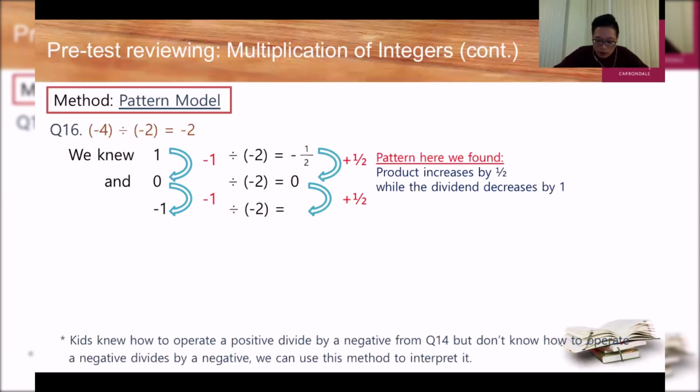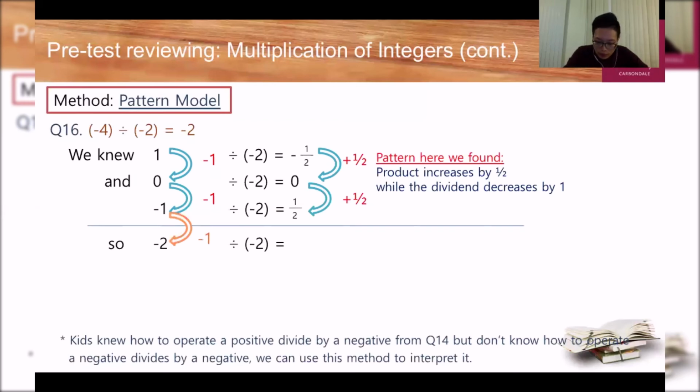So 0 add 1/2 is 1/2. Okay, the answer is 1/2 here. So let's keep doing this pattern. And -2 divided by -2, when the dividend decreases by 1, right?